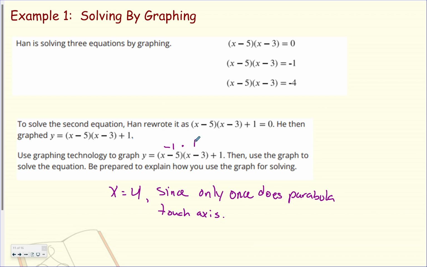Negative 1 times 1 is negative 1 plus 1 equals 0, and it does check out.